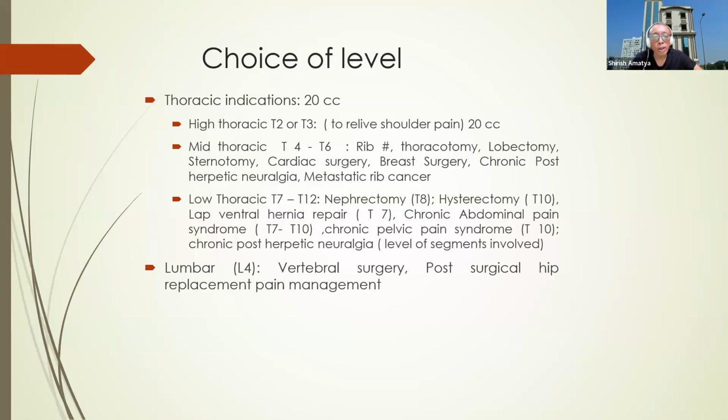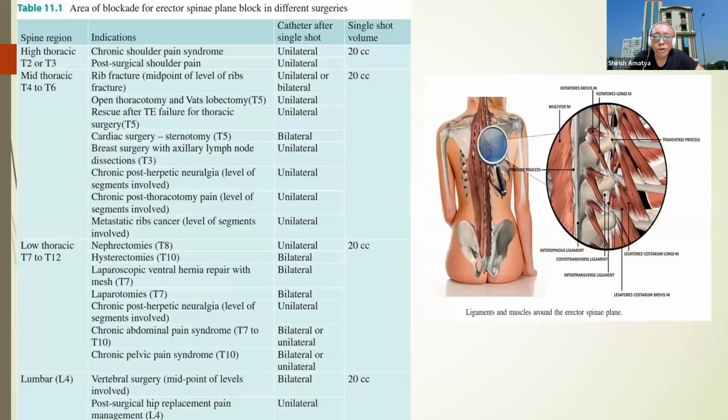In case of chronic pelvic pain, we can also use this block, as well as in chronic post-herpetic neuralgia at the lower thoracic segment between T7 and T12. Similarly, we can use this block in the lumbar area for post-surgical hip replacement pain management. So this is the list of the various indications for the erector spinae plane block.